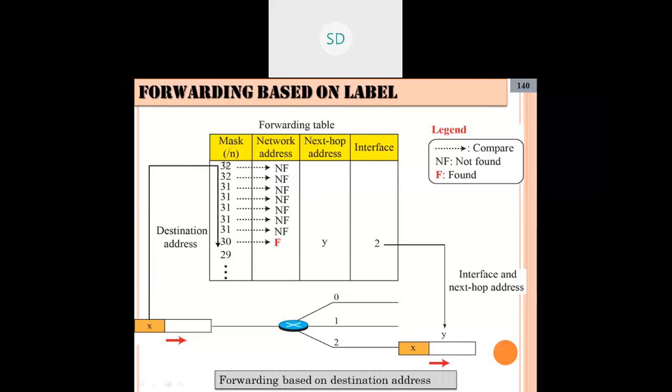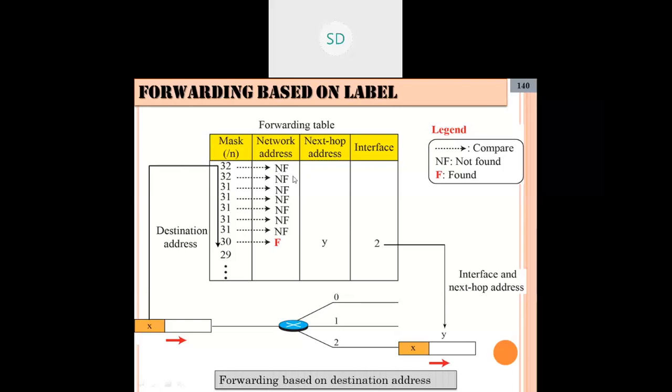Here you can observe the mask. In this particular example, it is nothing but the table which we have seen in the previous PPT. It will be arranged in the form of a descending mask, right? Because this address will be masked, starting with 32.